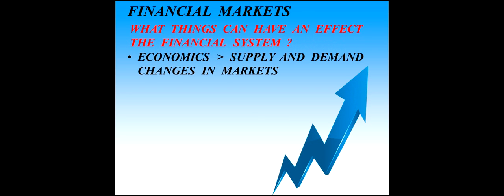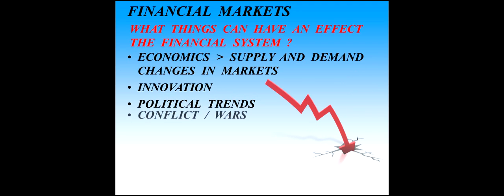Quite a few things can have an effect on the financial system and financial markets. Some of them positive, some of them negative. For example, simple economics, changing supply and demand in markets can have a significant effect. Innovation, we've seen the effects of creative destruction through innovation and how it's created new markets and spurred economic growth. Political trends can have an effect.